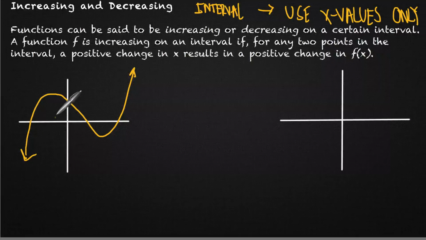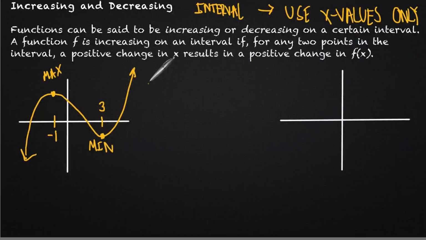So let's say there's a maximum point there and a minimum point right there. We'll talk about those tomorrow. But let's say the maximum point occurs when x is -1, and the minimum occurs when x is 3.